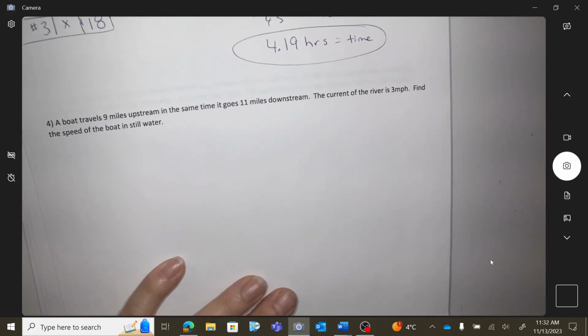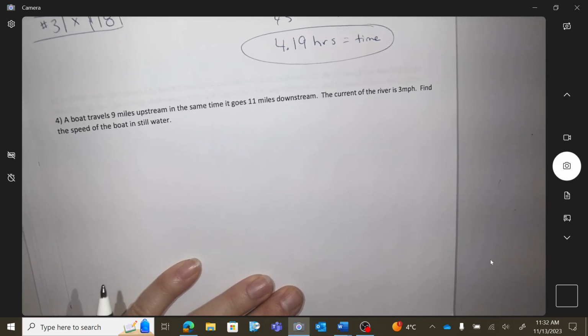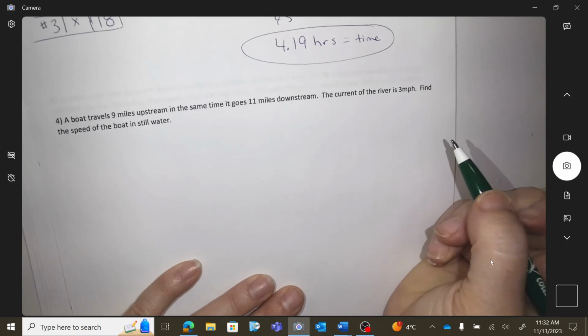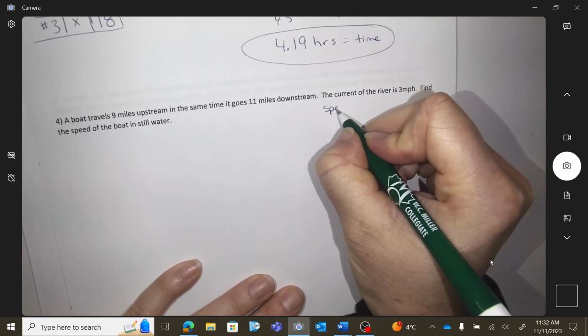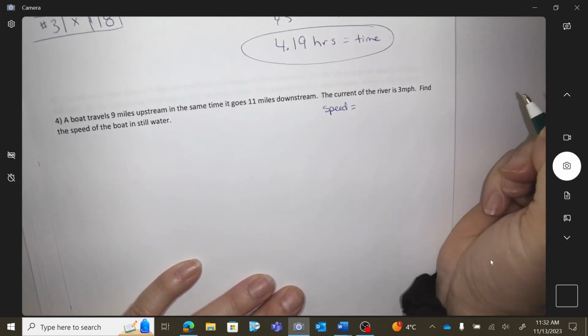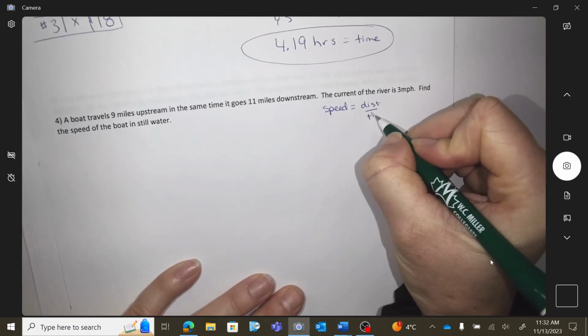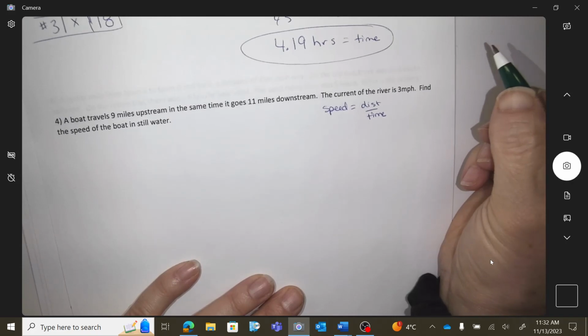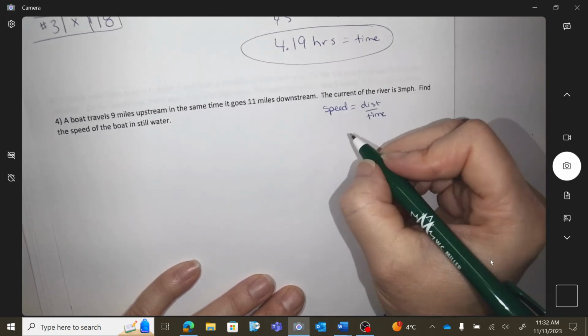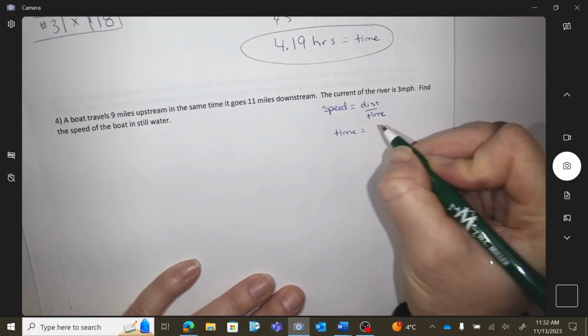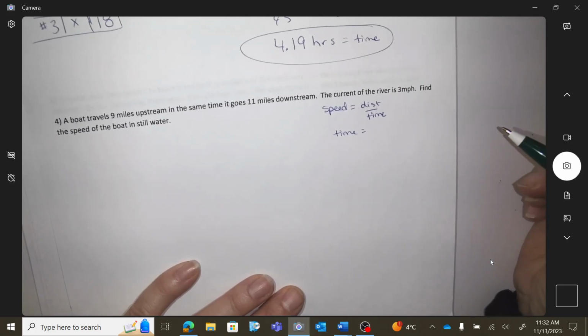Okay, this one is a physics-y question. Who knows the formula for speed or velocity? What would it be? Distance over time. What is the formula for time? How do you change that?